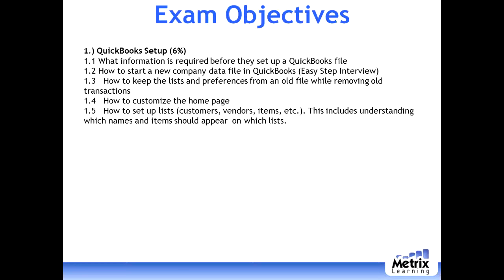What I would recommend for these objectives is to refer to the manual, either the day 1 manual or day 2 manual, which you can find in the Mastering QuickBooks Level 1 course. I took this training and the exam myself, and when studying, I found it extremely helpful to refer back to the manual because of the nice wording and layout of how they describe how to do certain operations within QuickBooks.